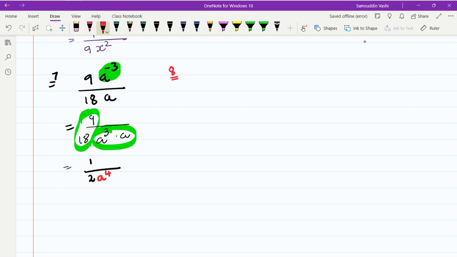Then 3 m n squared divided by negative 27 m to the power of minus 1 times n. Okay. Where is the negative power? One place only.